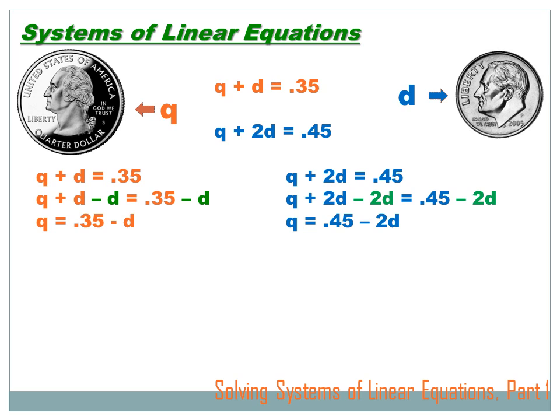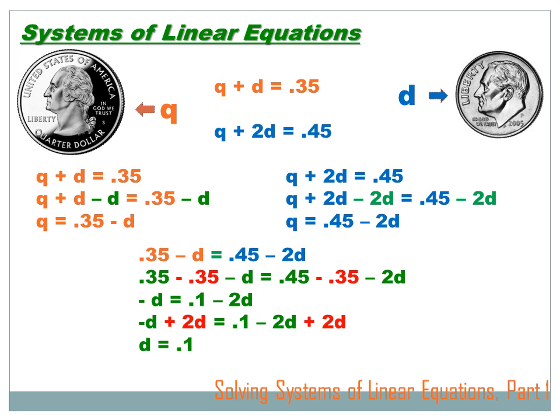Well, now you know that q equals q, so you know that 0.35 minus d has to equal 0.45 minus 2d. So if you set those two equal to each other, which I've done right there, then you can solve for d, because there's no q's in this expression, there's only one variable, so you can solve for that variable. And when you get done manipulating the equation, you discover that d equals 0.1.